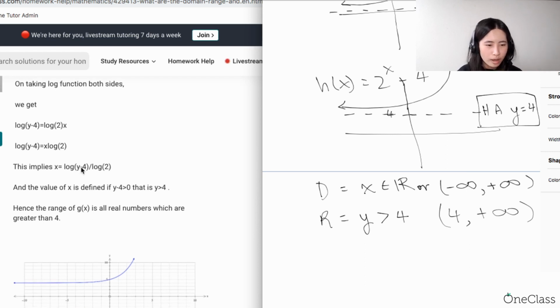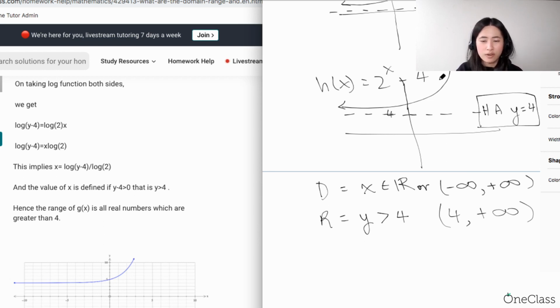Let's see what they're trying to do. They have log of y minus 4 over log 2. If you have x equal to this, it just becomes harder to graph, because how can you graph log of y minus 4 divided by log 2 off the top of your head? So I think just know the parent function and stick to simplicity. Don't complicate things.